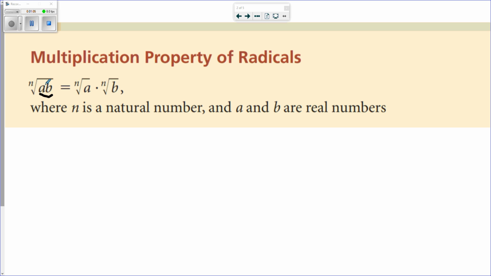We can usually split that up into two factors, hopefully one of which, usually this first one here, is a perfect square or perfect cube or whatever, and then you're left with your remainder, your leftovers here. So let's take a look at a couple of examples.